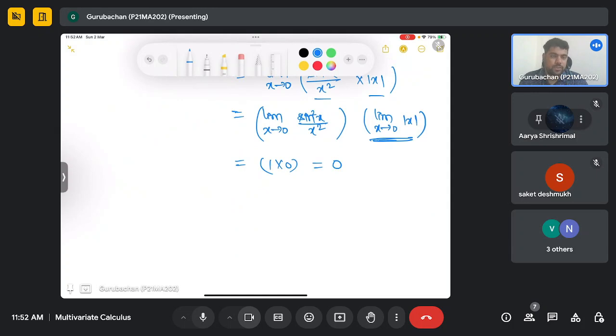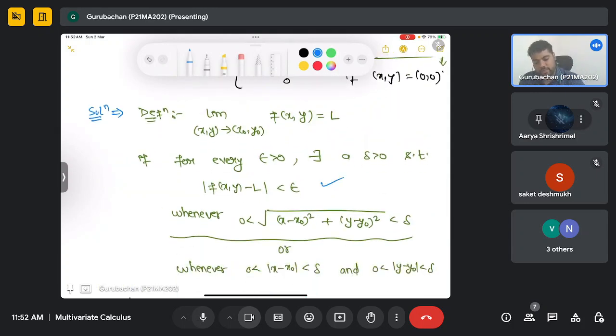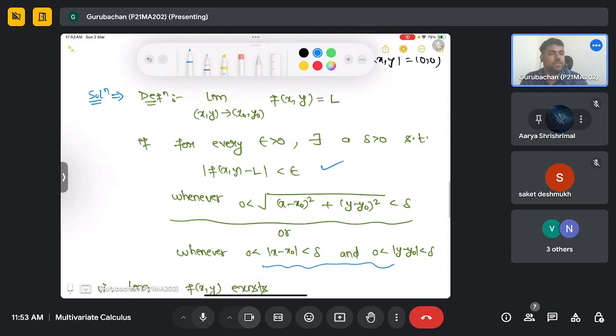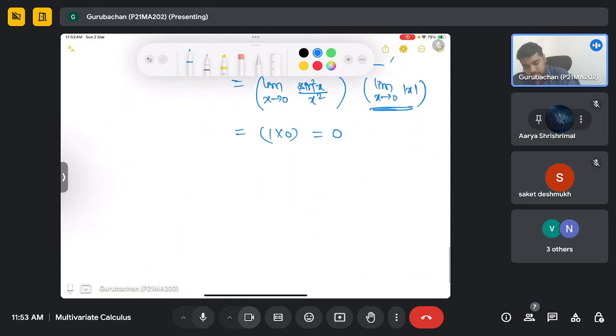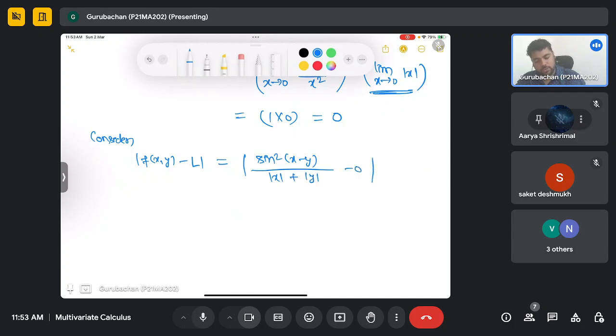To show that, we will use the epsilon delta definition, and in the epsilon delta definition we need to show that |f(x,y) minus L| is less than epsilon for some neighborhood of this (x,y). So we start by considering f(x,y) minus L, and here f(x,y) is sine square of (x minus y) divided by mod x plus mod y, minus 0.